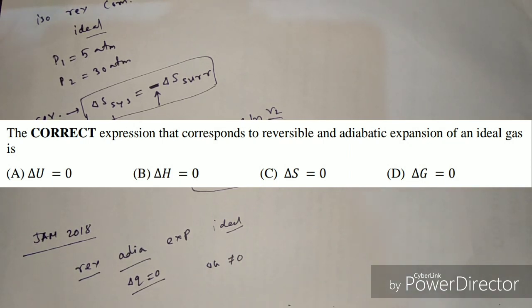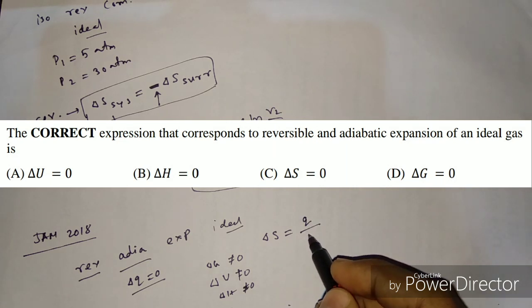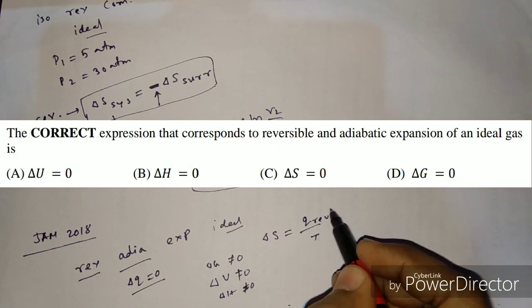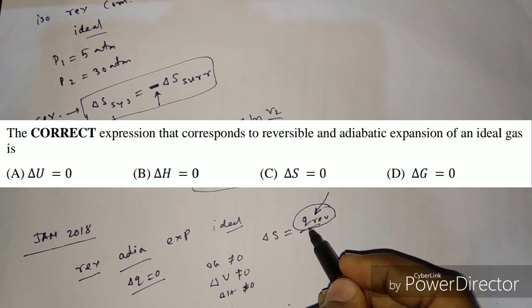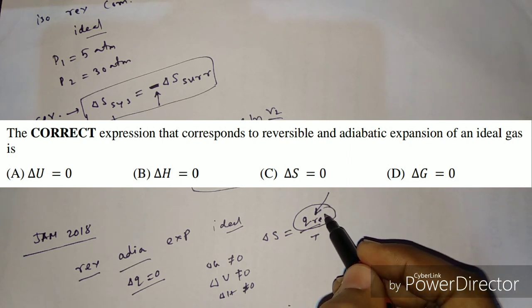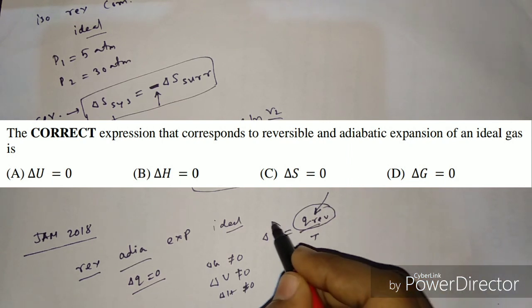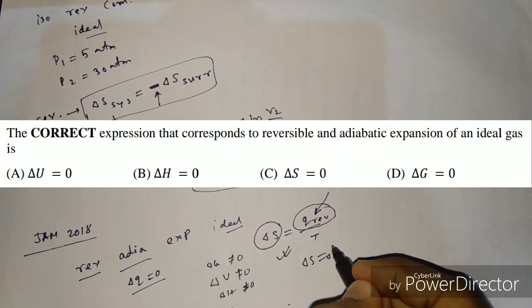It is also not an isothermal process, so delta U is not equal to 0, and it is not an isoenthalpic process, so delta H is not equal to 0. But you know the relation delta S equals Q reversible by T. For an adiabatic process Q equals 0, so no heat is absorbed, and that is why delta S will be 0. So delta S equals 0 is the correct option.